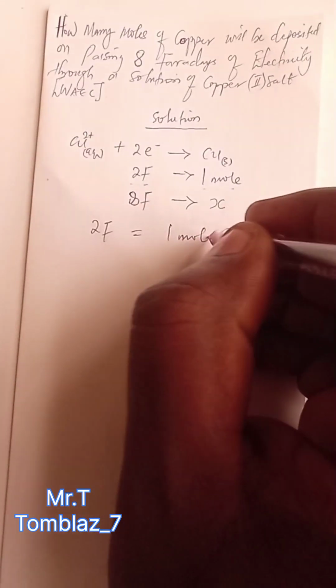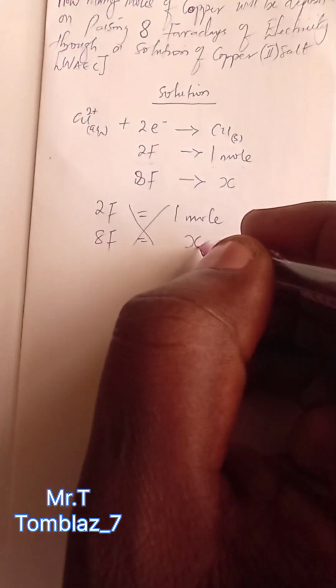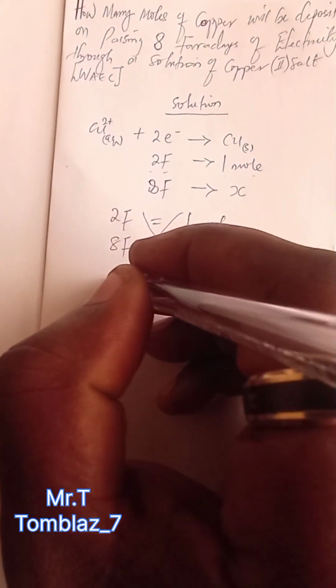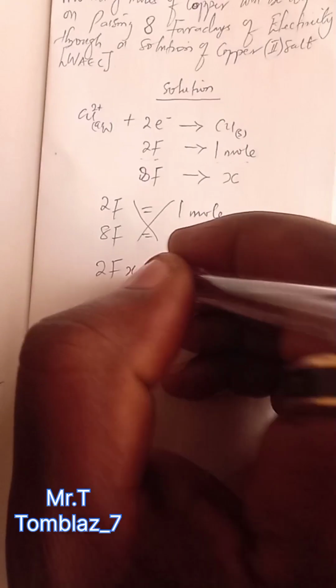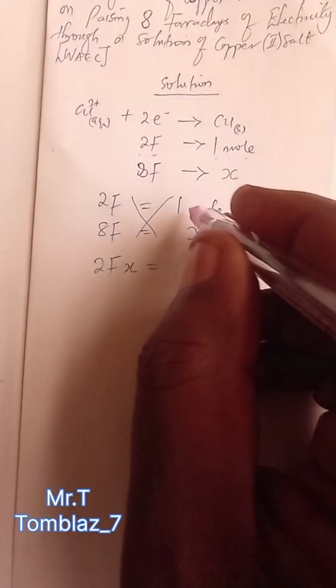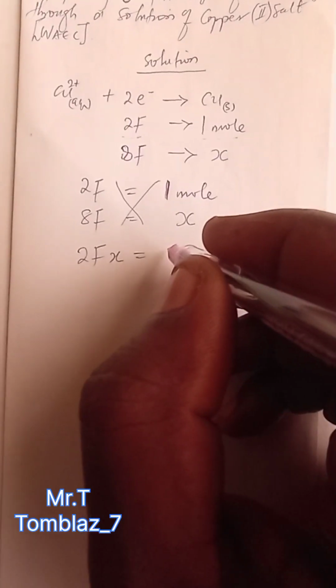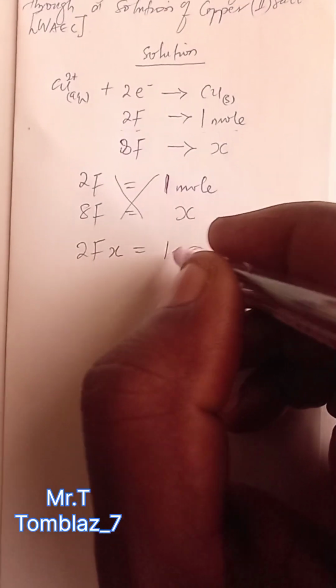If 2 faradays gives us 1 mole, then 8 faradays gives how many moles? X. If we cross multiply, we have 2 faradays times X is equal to 1 mole times 8 faradays.